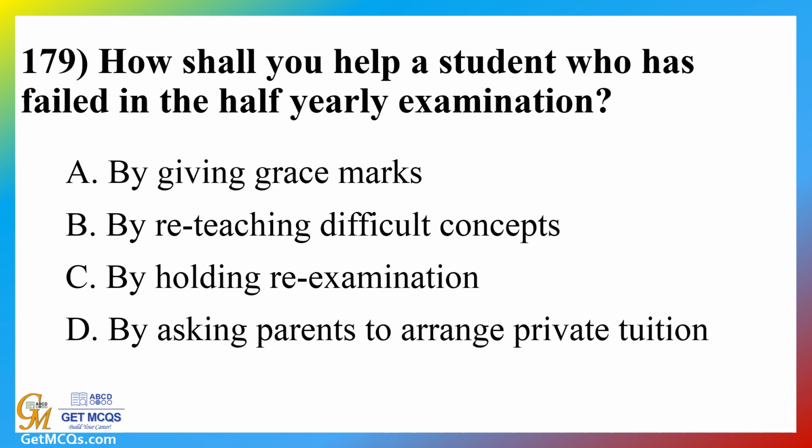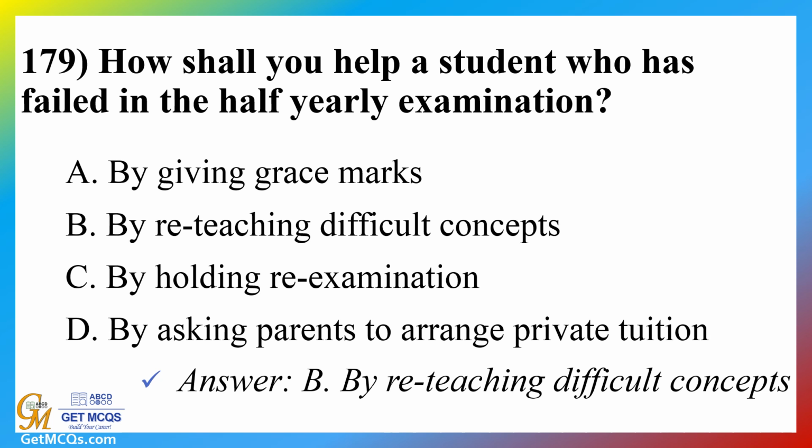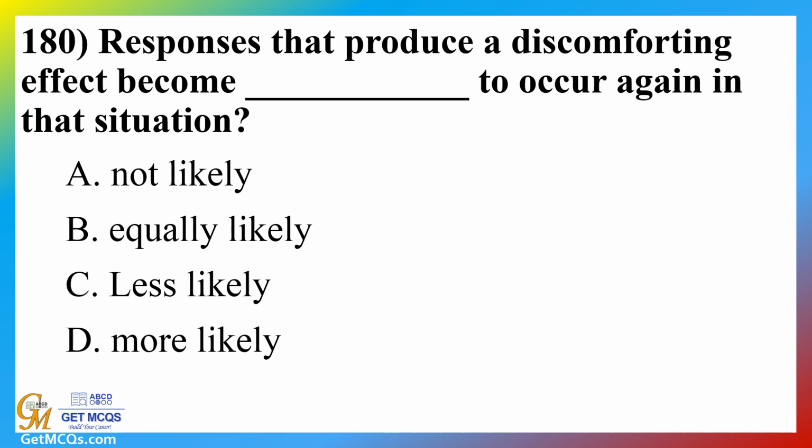How shall you help a student who has failed in the half-yearly examination? Answer: B. By reteaching difficult concepts. 180. Responses that produce a discomforting effect become to occur again in that situation? Answer: C. Less likely.